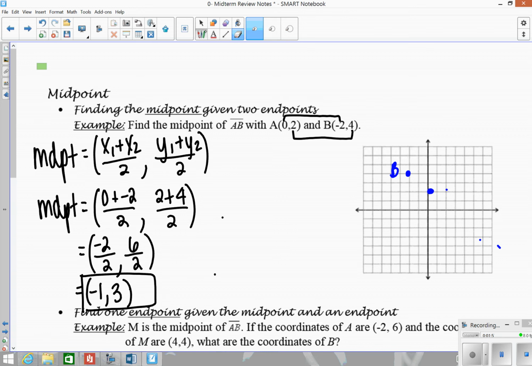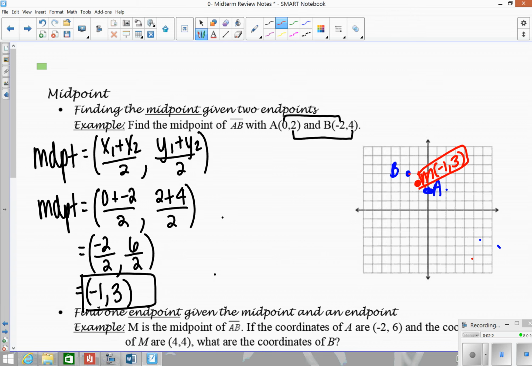So here is A. So what I need to do is find the middle. So to find the middle, well, you can count up and over. So it was up 2 over 2. Well, divide each of those by 2 because you're trying to find the middle. So up 1 over 1, there's your midpoint. So your midpoint, negative 1 comma 3. Same answer, which you should get as algebraically.